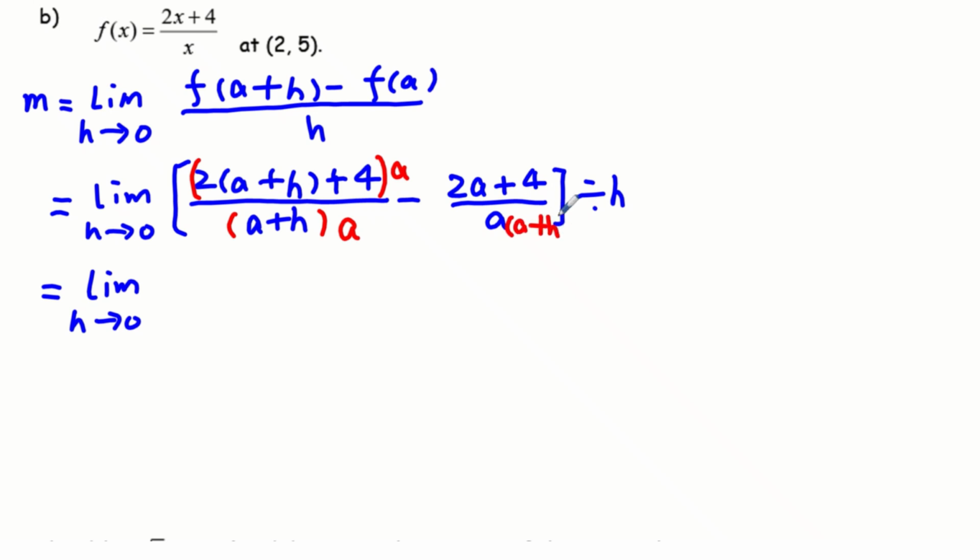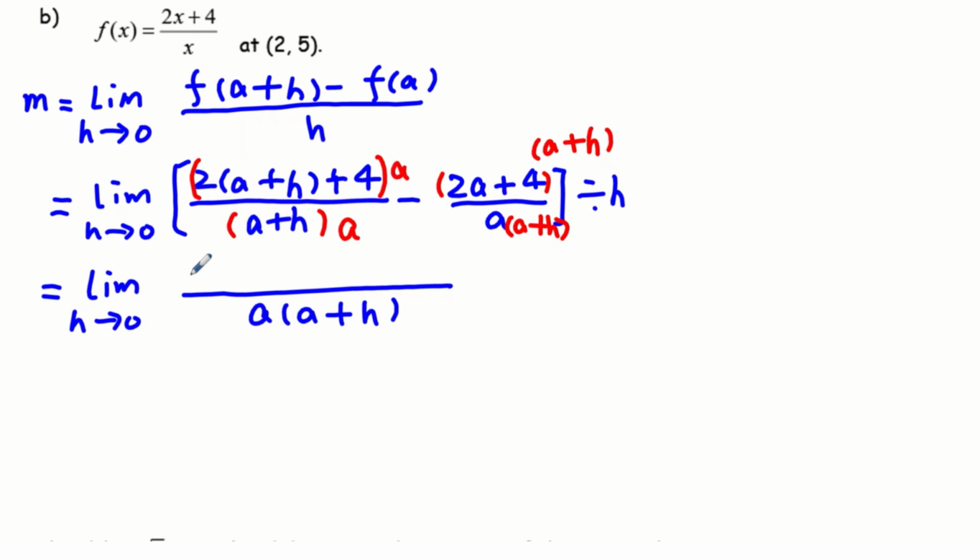Remember, when you multiply the denominator by a plus h, you have to multiply the numerator by the same thing. Then after that, we have two fractions with the same common denominator, and we could subtract the numerators.